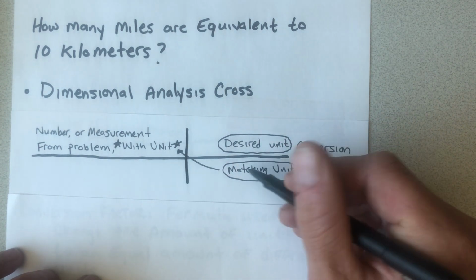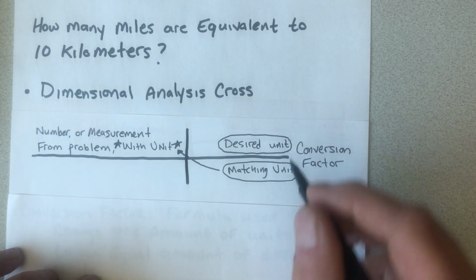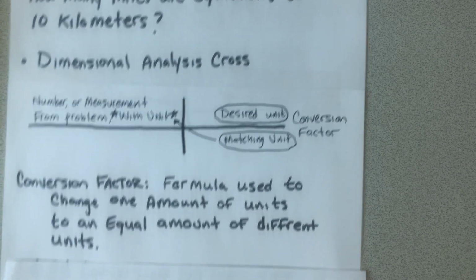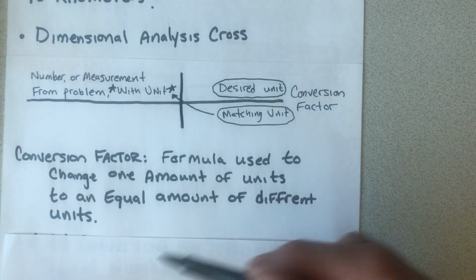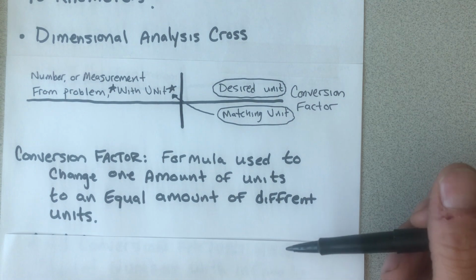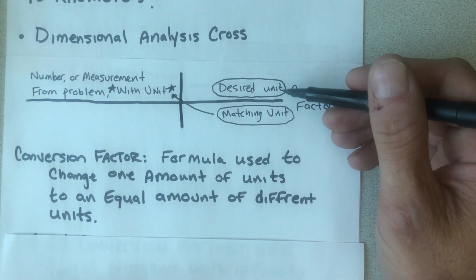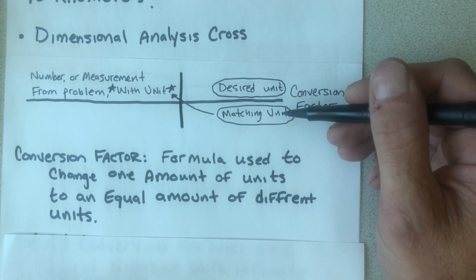Over here, you have what's called a conversion factor. A conversion factor is a formula used to change one amount of units to an equal amount of different units. So we've got to find some way to equate miles and kilometers with this conversion factor.